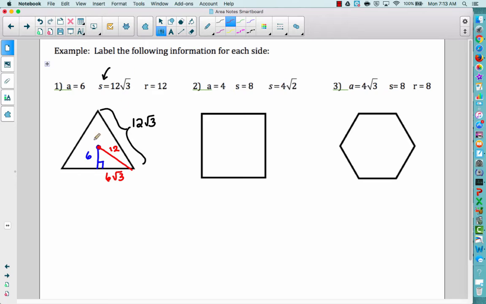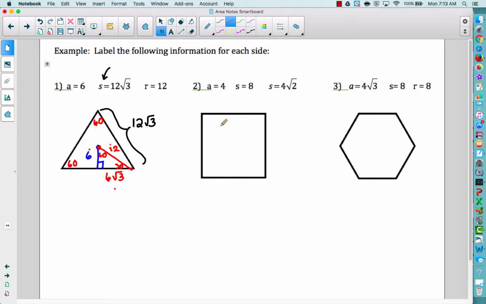And that might look familiar to you. That's a 30, 60, 90 triangle because this is 6, the hypotenuse is 12, and the opposite side is 6 root 3. And that's because in an equilateral triangle, remember, they all have 60-degree angles. So that radius, when I drew it in, bisected the angle and made it a 30, 60, 90 triangle.